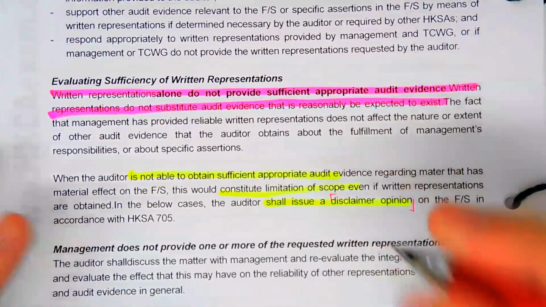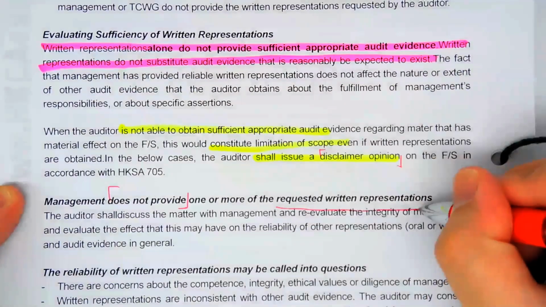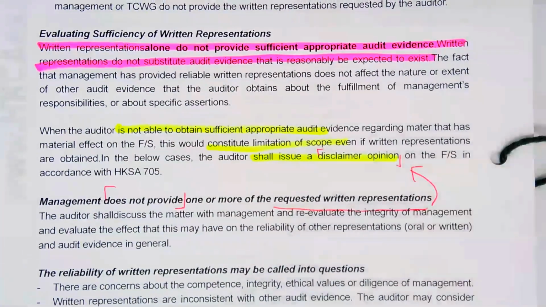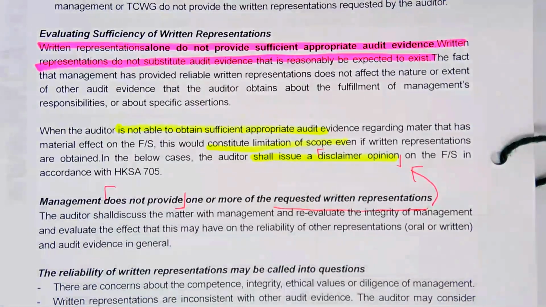Because if your management do not provide or refuse to provide a written representation letter, you always need to issue a disclaimer, even if you completed every single piece of audit work and obtained all the appropriate audit evidence you have.